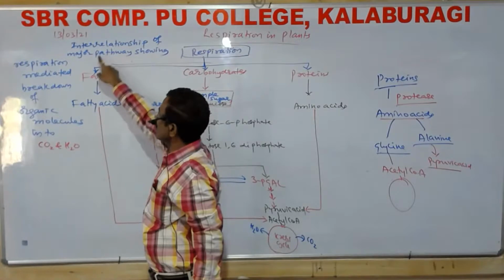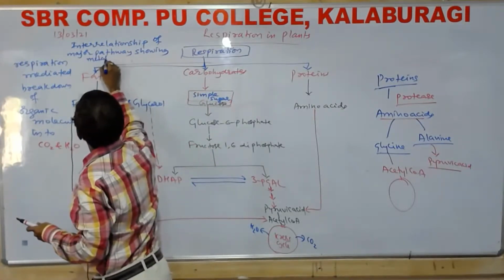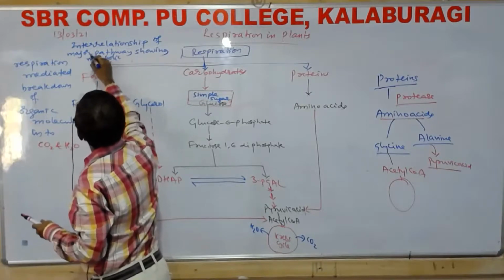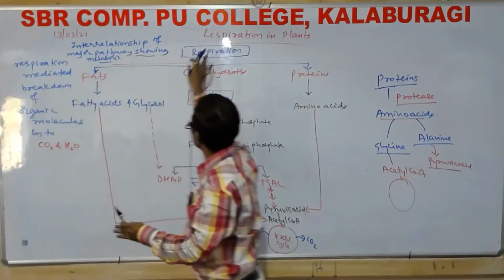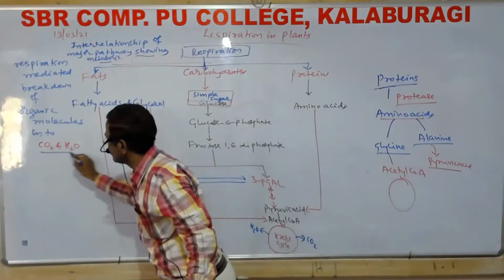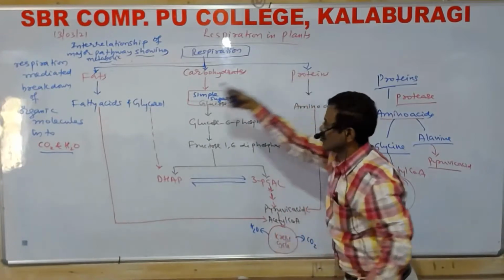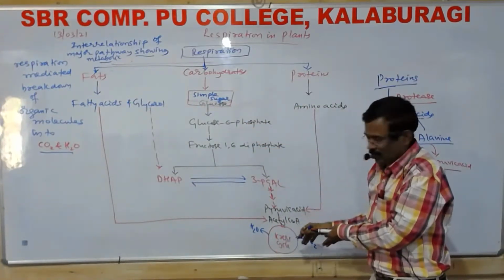Interrelationship of major pathways, that is major metabolic pathways, showing respiration mediated breakdown. Through respiration only, these are broken down. Finally, whatever the respiratory substrate used, let it enter the respiration process.